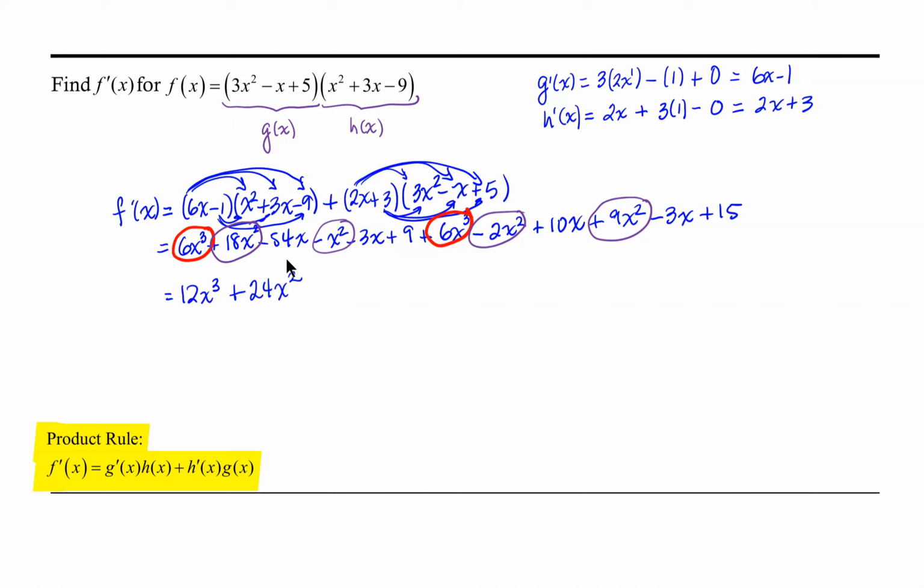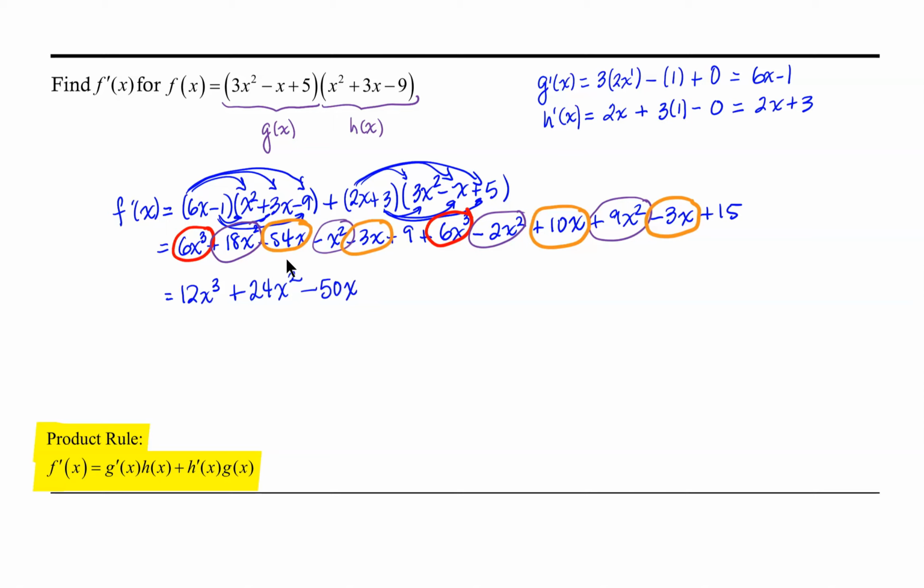Now moving on to our x terms, we've got negative 54x minus 3x gives us negative 57x. Negative 57x plus 10x gives us negative 47x. Negative 47x minus 3x will give us a minus 50x.